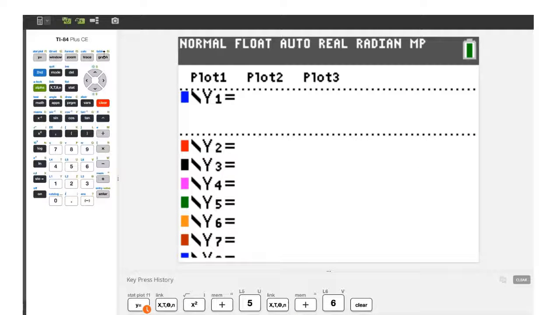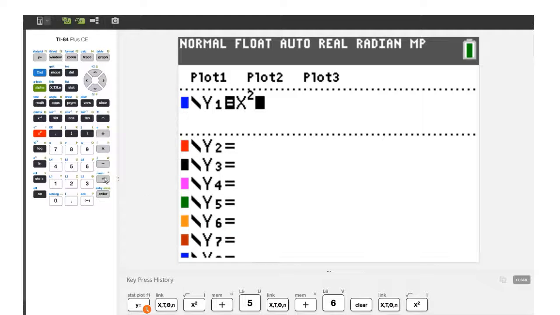So to check if my answers are correct or not, I'm going to put the quadratic equation in the calculator and check the answers that I got for the zeros.